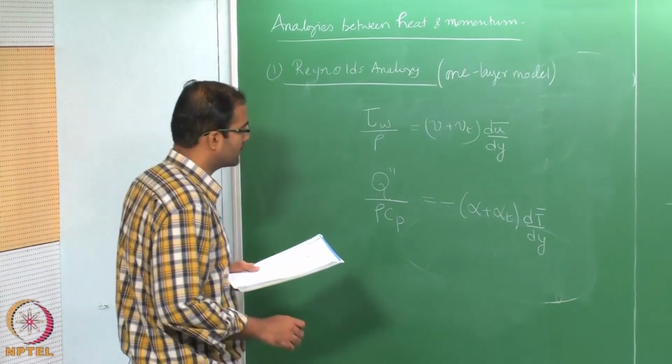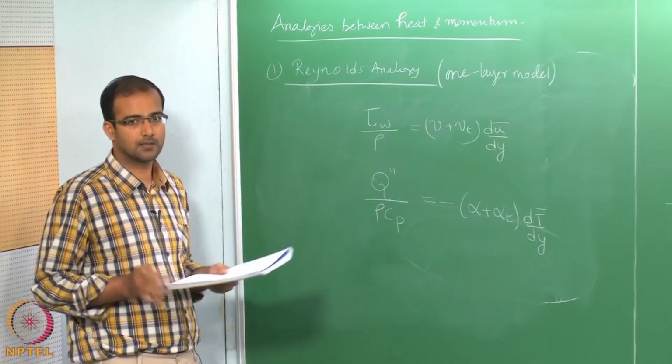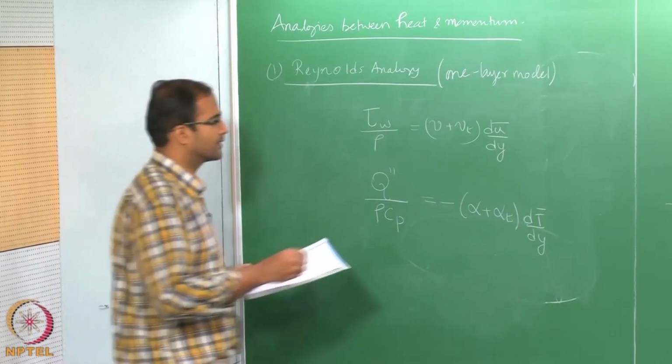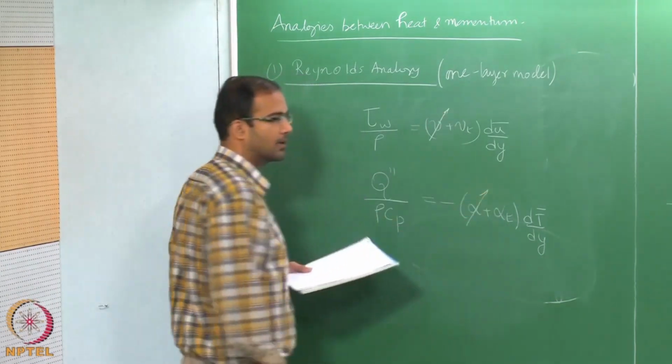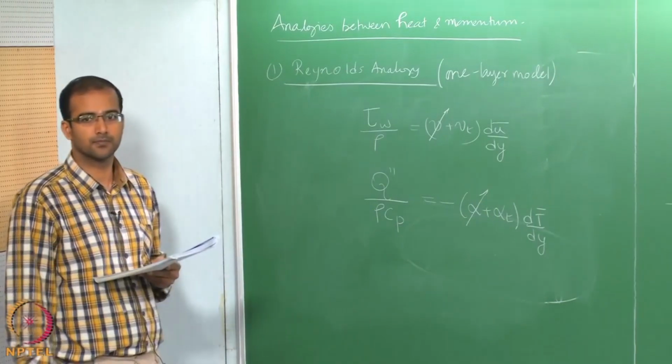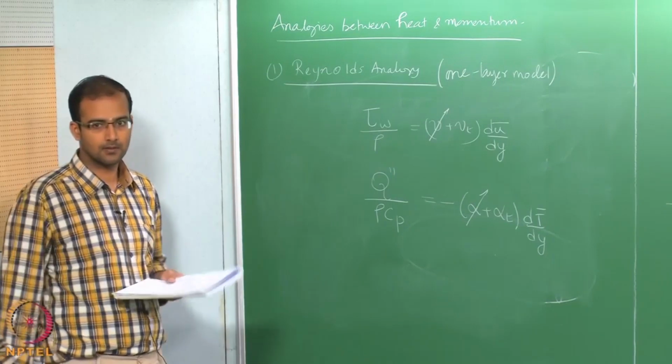So, if you just assume only one layer which is completely turbulent, there will be no effect of the laminar or molecular diffusivities. So, only the turbulent diffusivities will be dominating throughout, okay.